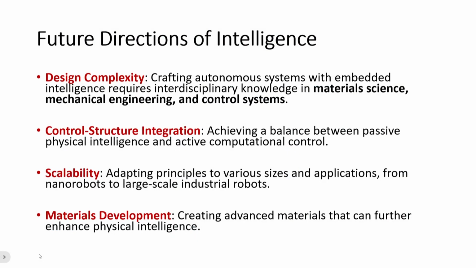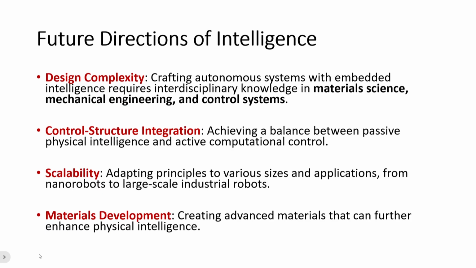I now come to the future directions of intelligence. So, that is the final point, that there are issues that are coming up in the intelligent system design. One is of course, the design complexity, like crafting autonomous systems with embedded intelligence would require an interdisciplinary effort.